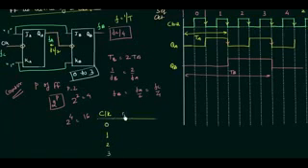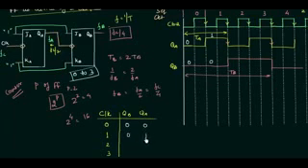Then we are having our outputs QB, QA. So for the 0th clock pulse, the QA is 0 and QB is also 0. So 0, 0. For the first clock pulse, the QA is having value 1, whereas QB is still 0.